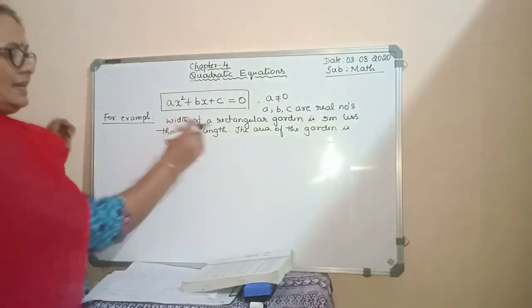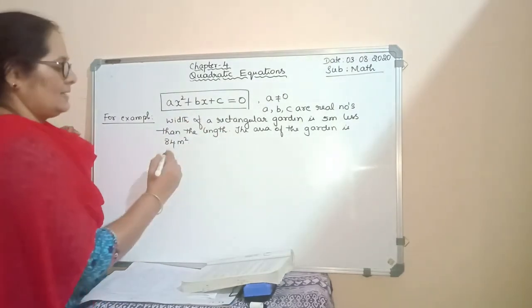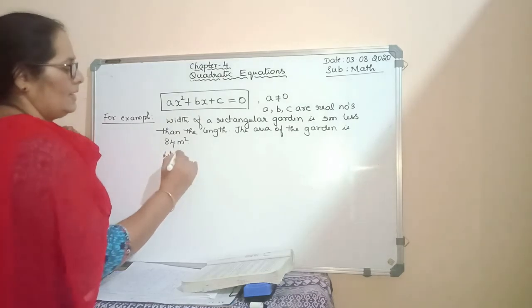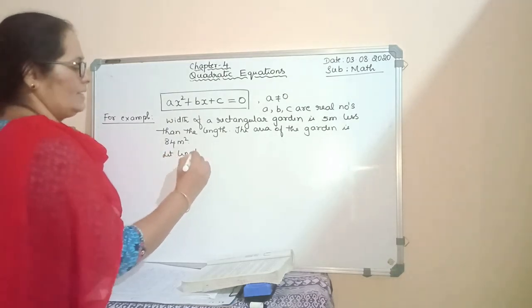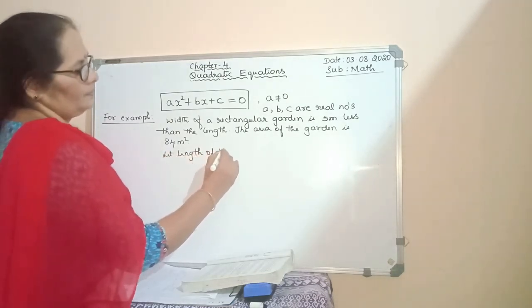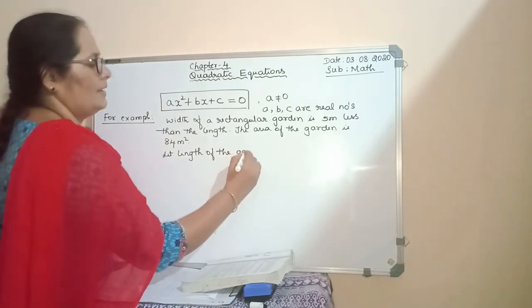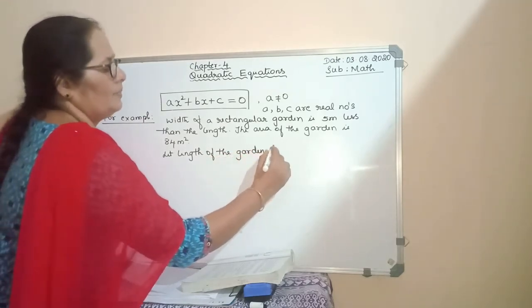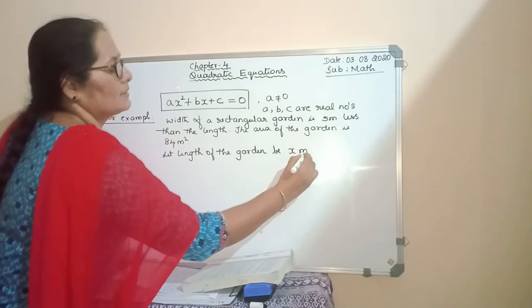Now take the length of the garden as x. Let the length of the garden be x meters.